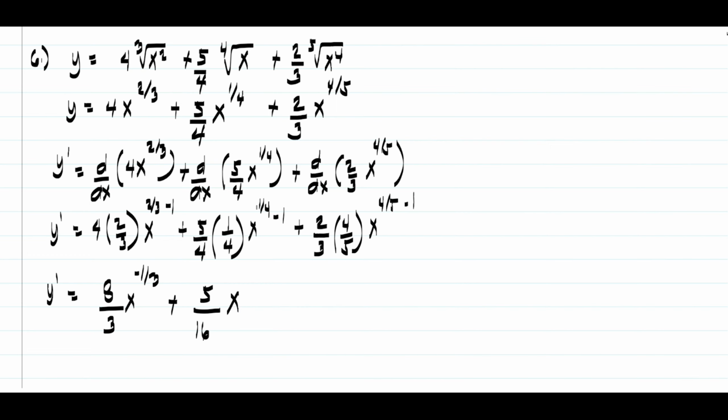X raised to 1 fourth minus 1, that is negative 3 over 4, or simply 1 minus 4 is negative 3, copy the denominator 4, plus 2 times 4 is 8 over 3 times 5 is 15. X raised to 4 over 5 minus 1, or 4 minus 5, that is negative 1 over 5. And since we have a negative sign, let us write this one on the denominator.